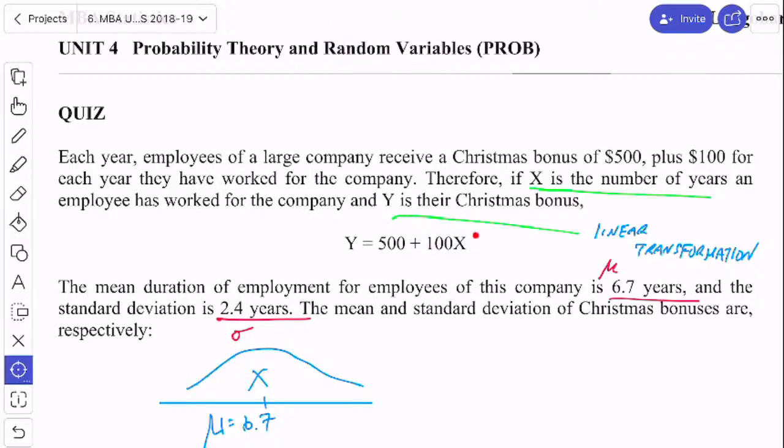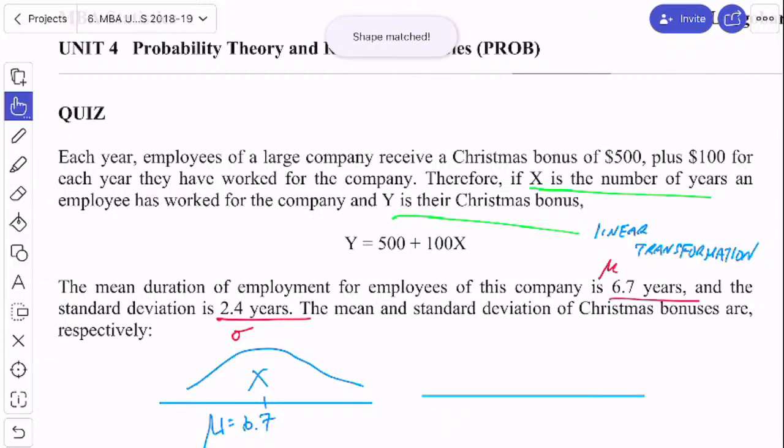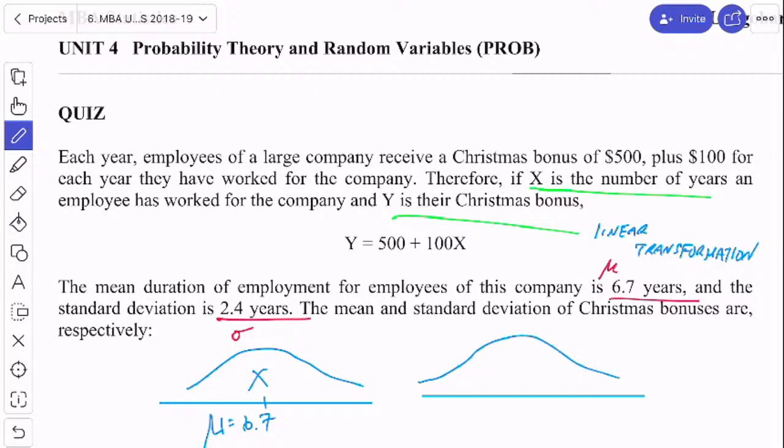If I multiply each value of X by 100, I could create a new distribution. What would it look like? I guess that's the question. You've seen this before. We talked about normal distributions, so I'm just going to use those results.